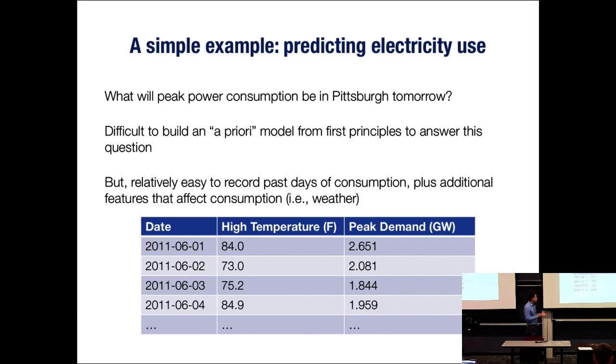On the other hand, though, it's relatively easy to come up with a data set that includes for all past days what the peak demand actually was, as well as some other characteristics that may affect that peak load. The obvious one being temperature, right?